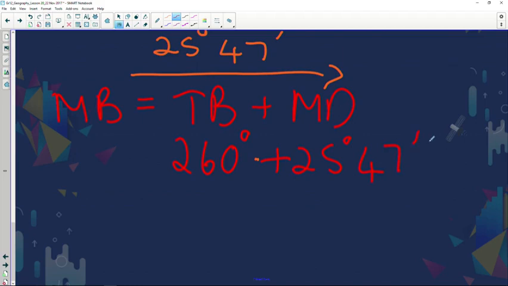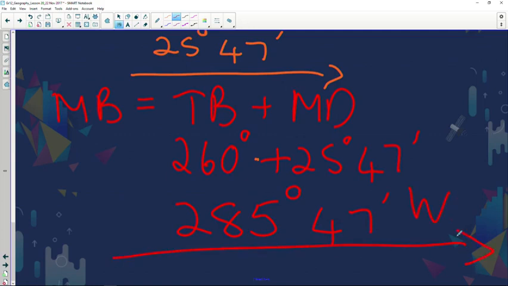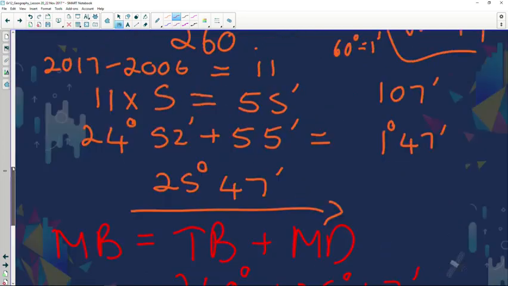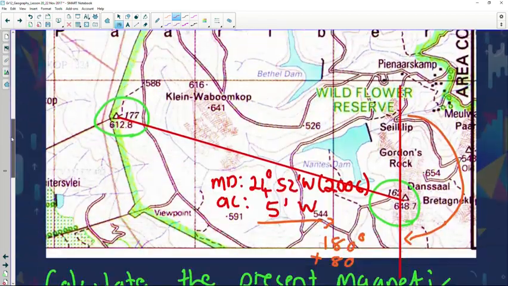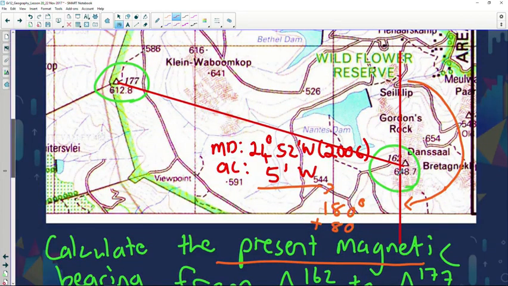So what's our correct answer? 260 plus 25 degrees 47 minutes is going to give me 285 degrees and 47 minutes west. And that will be the correct answer for the magnetic bearing from Trick Beacon 162 to Trick Beacon 177.